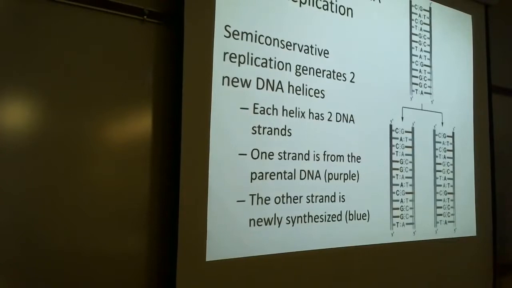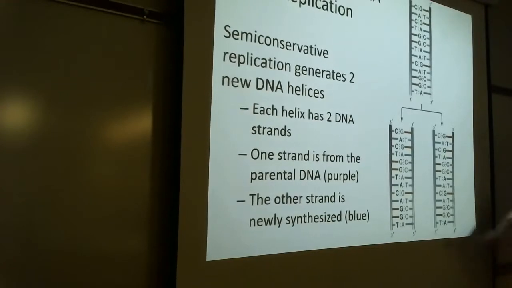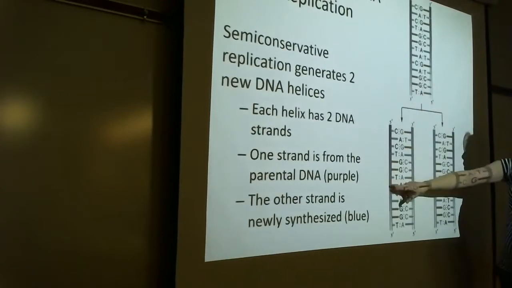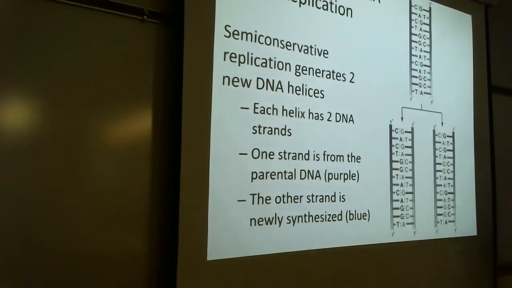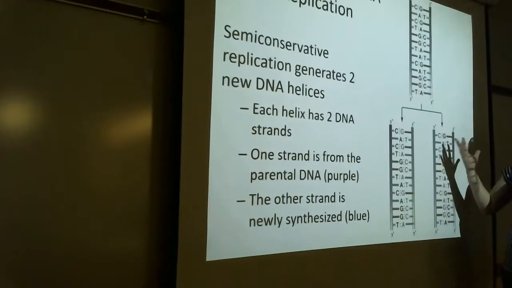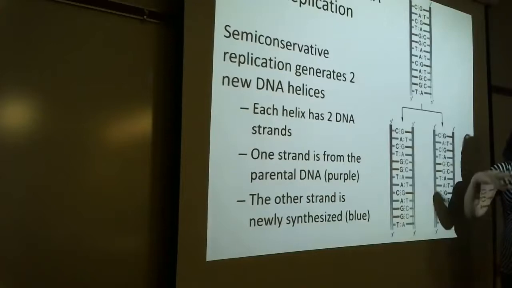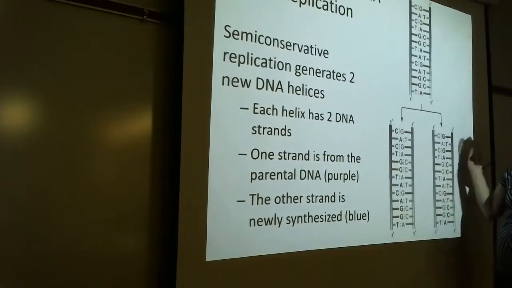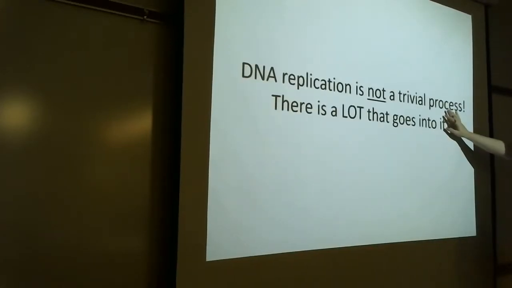So, semi-conservative, you get 1 strand that's directly taken from the parent and 1 strand that's newly made. There's a lot going into it, and I don't want you to think of it as just a simple little process that, you know, it just splits and new stuff comes in and then we're done. It's not trivial. There's a lot that goes into it.